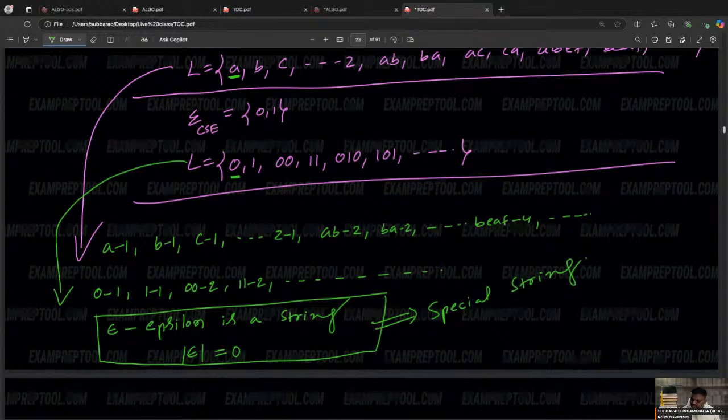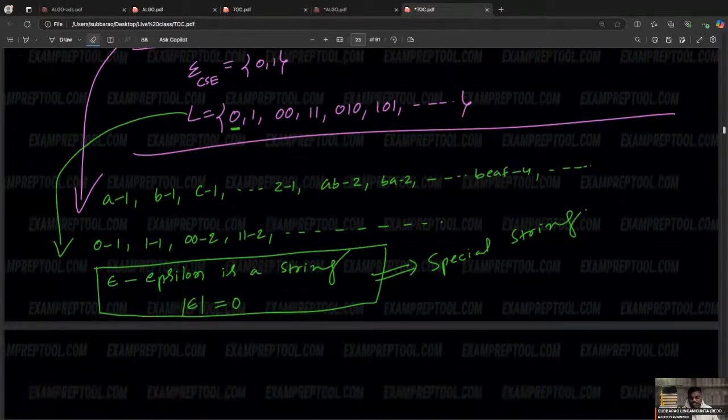In some books they write epsilon, in some books they write lambda. Different symbols. In the exam, they will say epsilon or lambda, or a special string whose length is 0.